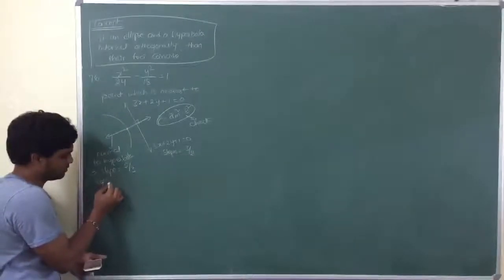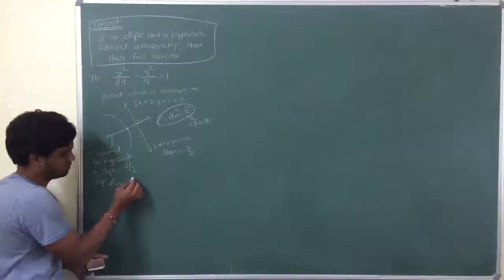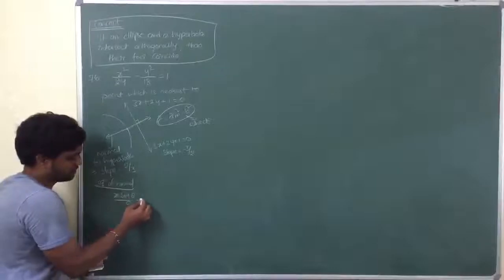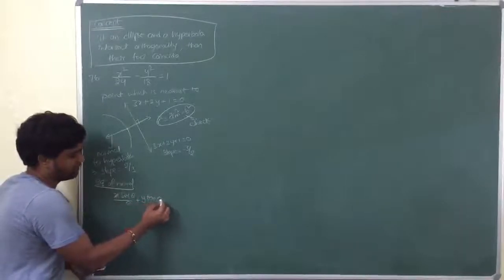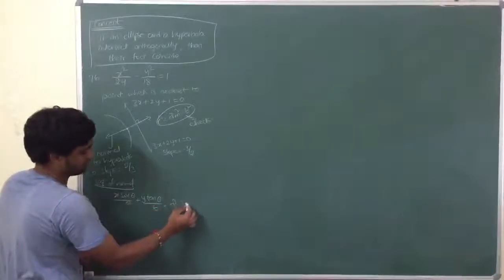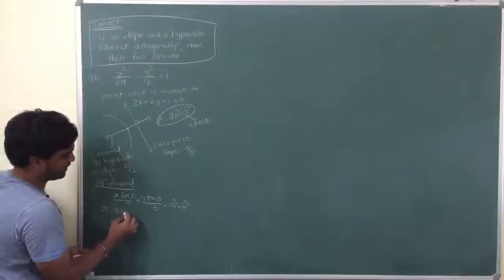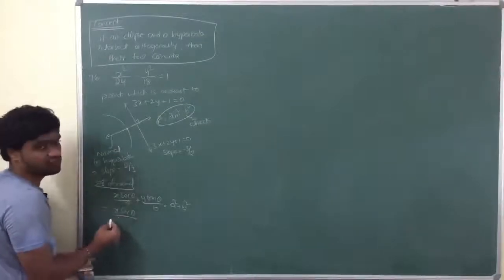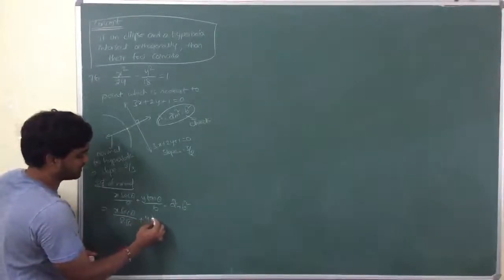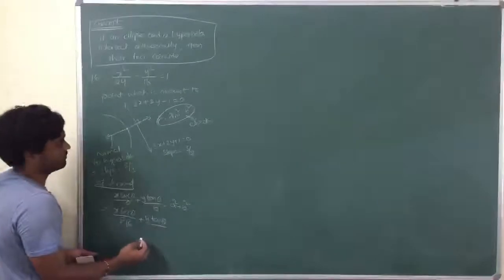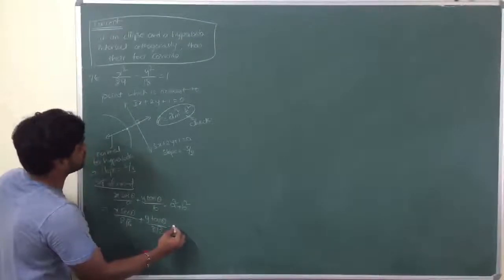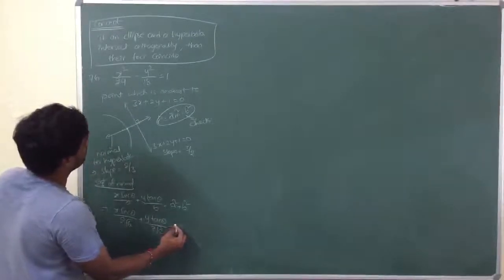Equation of normal: x secant theta by a plus y tan theta by b is equal to a square plus b square. So x secant theta by a, root 24, root 4 into 6, 2 root 6, plus y tan theta by b, root 18, root 9 into 2, 3 root 2, is equal to a square plus b square, 24 plus 18, 42.